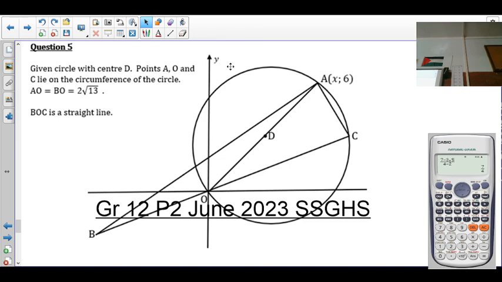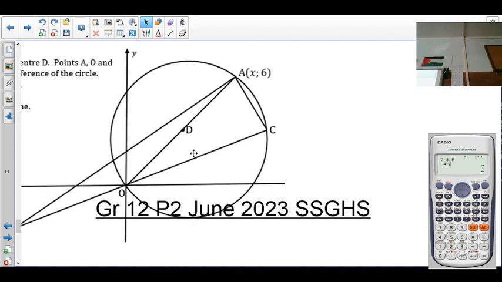Okay, so A, O, and C lie on the circumference of the circle. AO is equal to OB, which is equal to 2 root 13. Then we are told that BOC is a straight line.